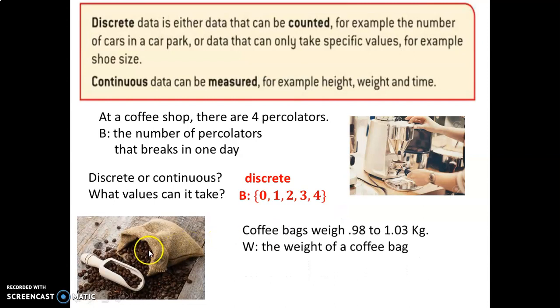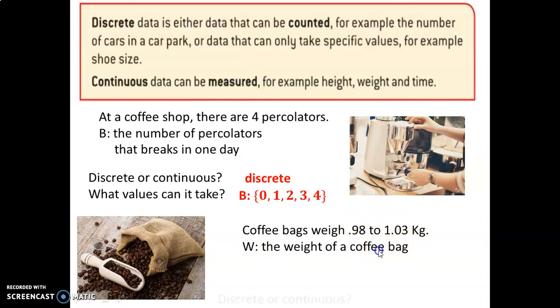In contrast to that, we had the example of a bag of coffee beans, and that bag can weigh between 0.98 and 1.03 kilograms. It's put together in some factory, but as the factory pumps out that bag of coffee beans, it's not perfectly accurate, and the weight can fluctuate a little bit. It can take on any weight between there, depending, of course, on how many beans there are and how much each one weighs.